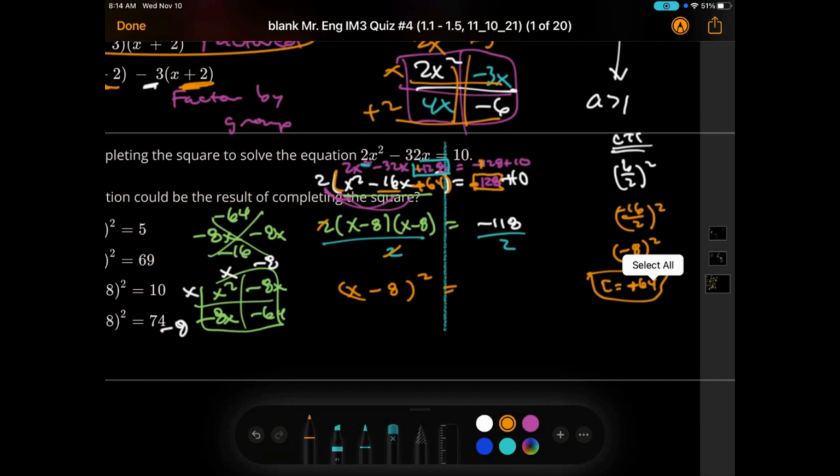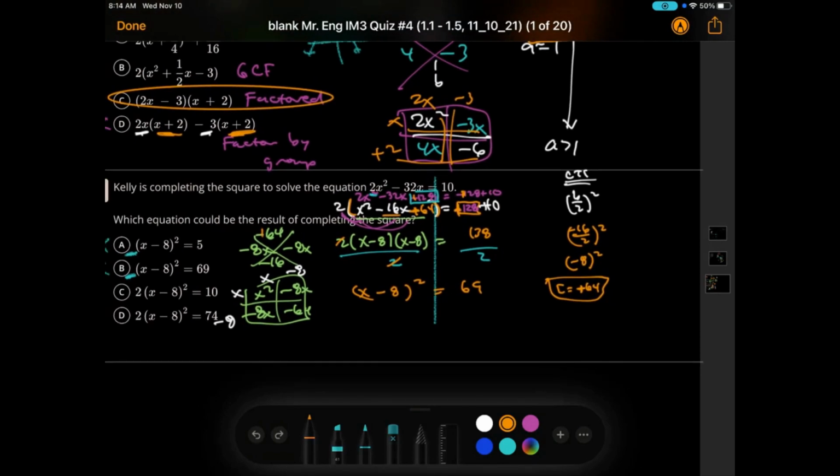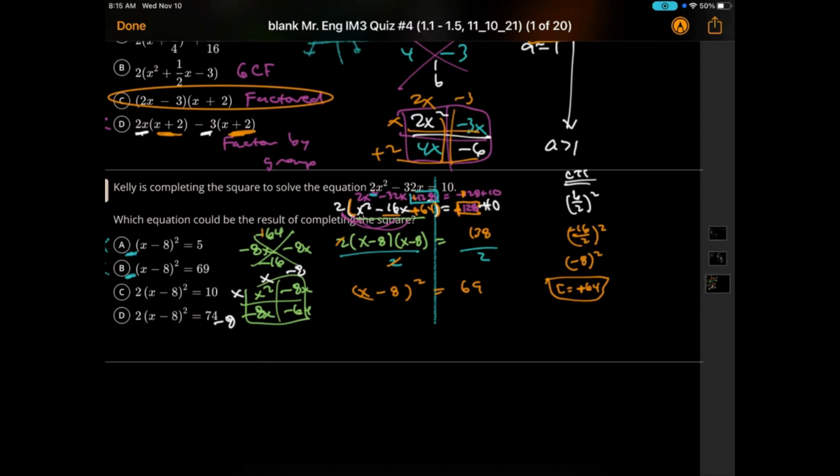So 138 divided by 2 is 69. And that means that this would be positive, positive, positive. No. Still negative. And 19 plus 50 is 69. Okay.